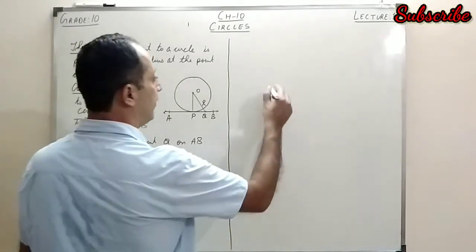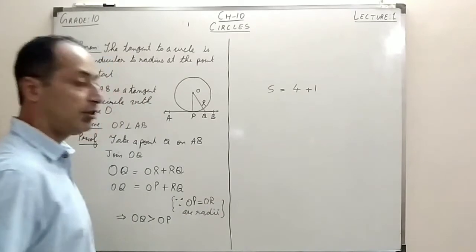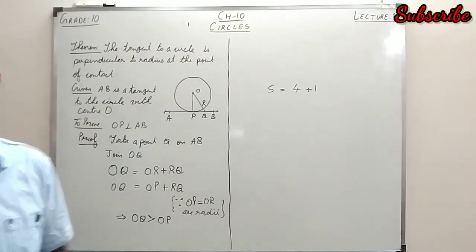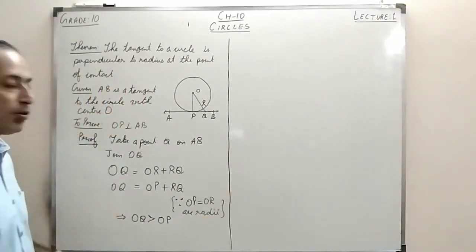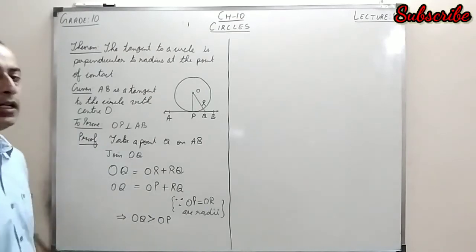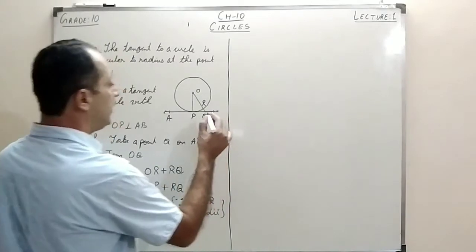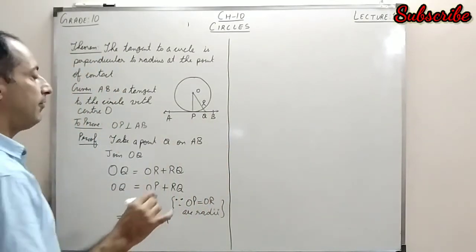Like 5 is a positive number that is a sum of 4 plus 1, so 5 is greater than 4 and 5 is greater than 1. Using the same property, since OQ is equal to OP plus RQ, OQ will be greater than OP.